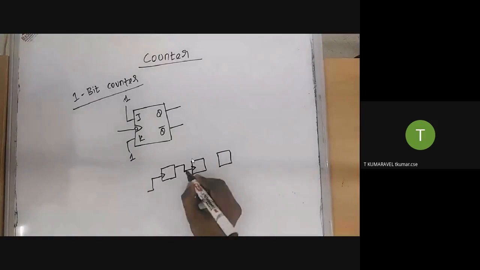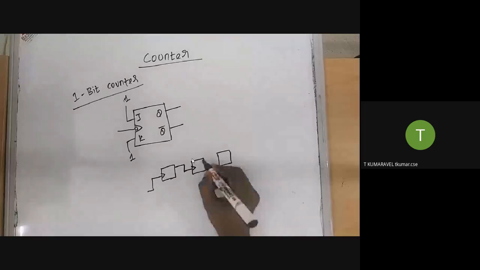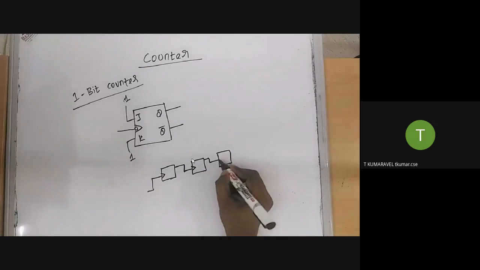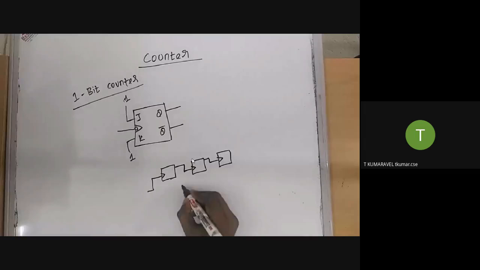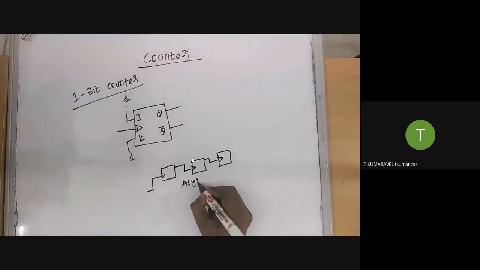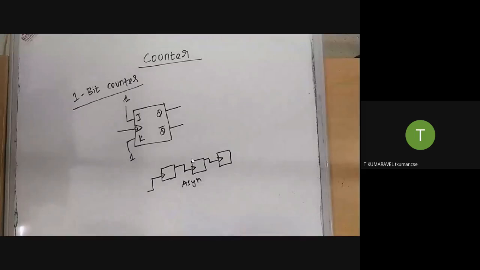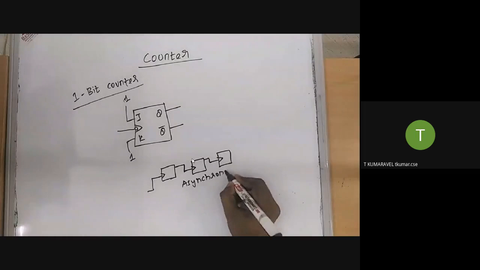The output is acting as the clock for the next flip flop. Similarly, the output of the second flip flop is the clock for the next flip flop. That is called asynchronous. Here first we talk about asynchronous and then we go for synchronous. This is called an asynchronous counter.